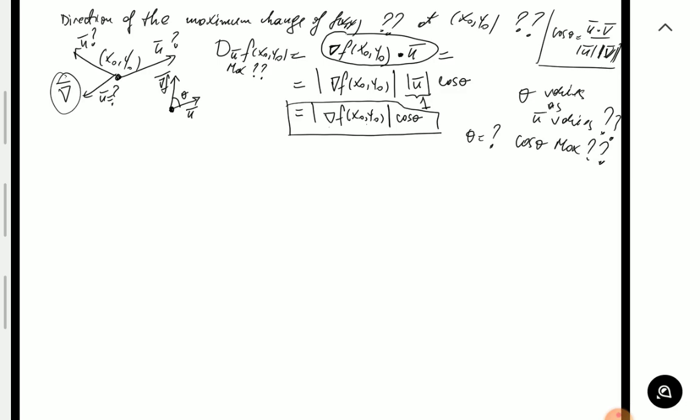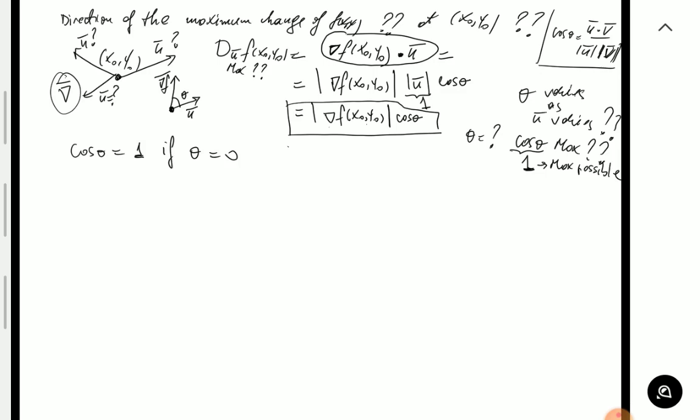And so notice that obviously the maximum possible value for cosine of theta is 1. In trigonometric functions, the largest possible value is going to be 1. And when is it achieved? Well, cosine of theta is equal to 1 if theta is 0.